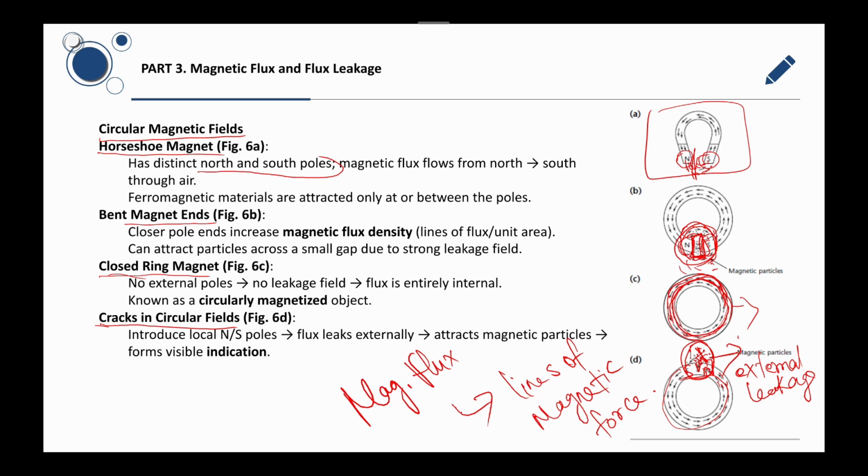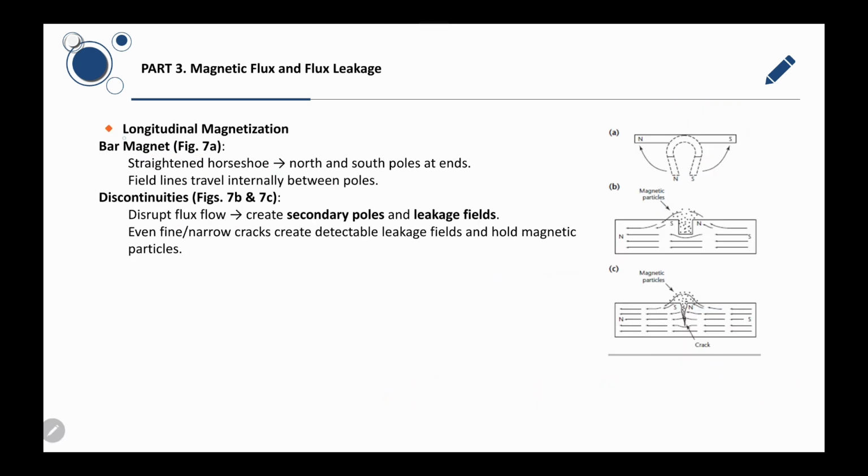So we can move to the next slide. Next we will see the longitudinal magnetization. Bar magnet. Think of a bar magnet as a straightened horseshoe. It has its north and south poles primarily at its ends.